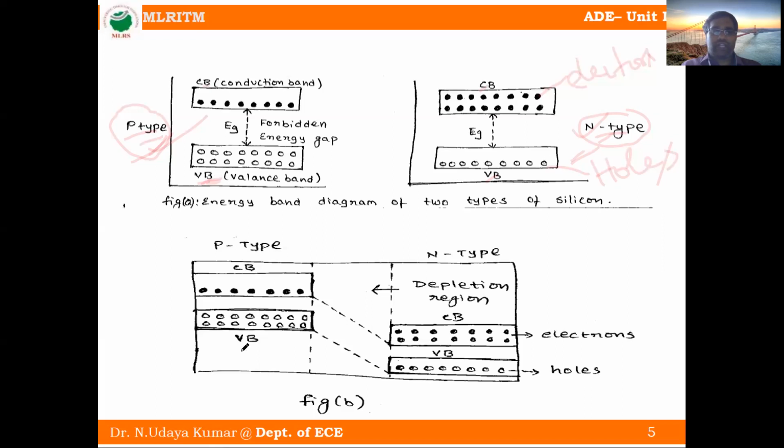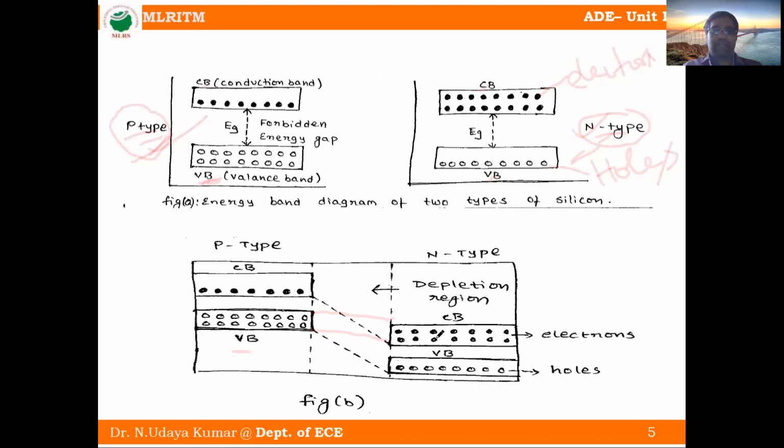Now, whenever we connect both P type and N type, this valency band moves upwards. Now there are no equal levels. See, the conduction band is here and the valence band there. So there are no equal levels. It is different. So there is no current conduction.